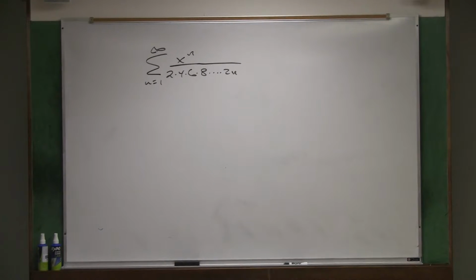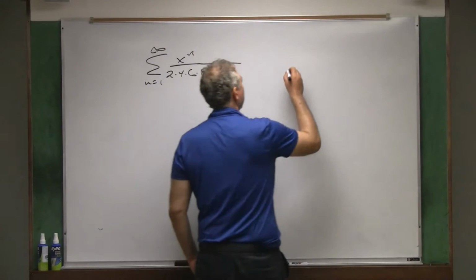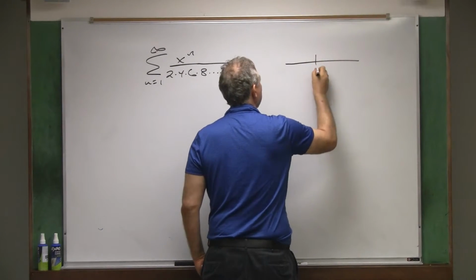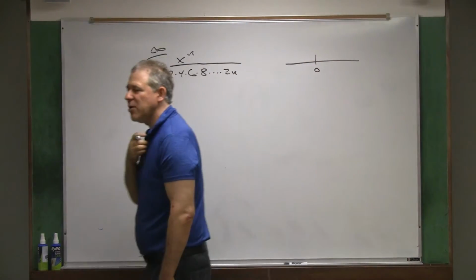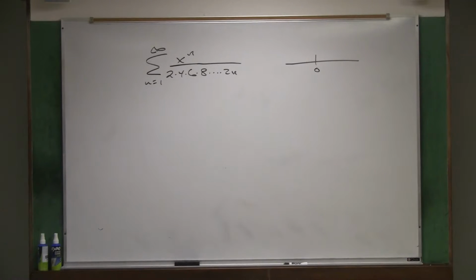And where is it centered? At 0. So it's centered at 0. We can run a ratio test, force it to be less than 1 to get a condition on x.